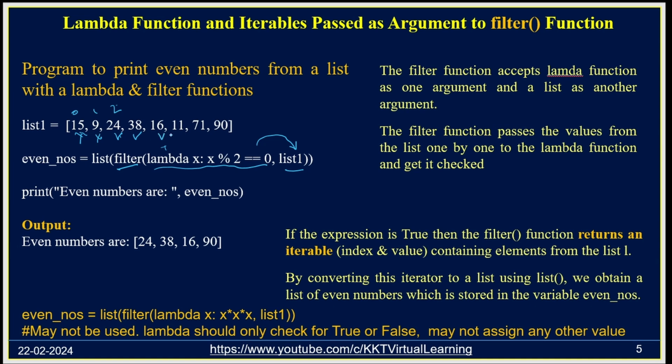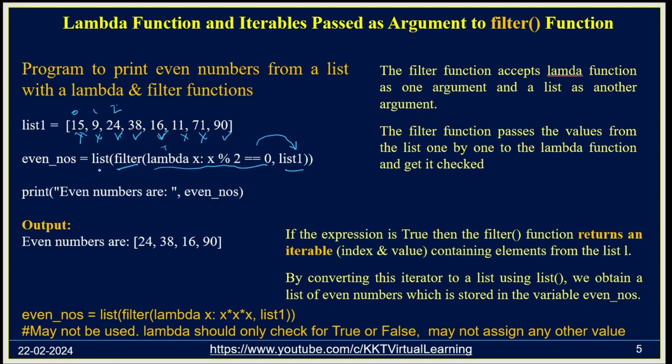And for 16 also, the remainder is 0, so this will be returned. But for 11, it will not be returned. So 71 will not be returned. For 90, the index and value will be returned. So finally, we will have 24, 38, 16, 90, these values and indices.